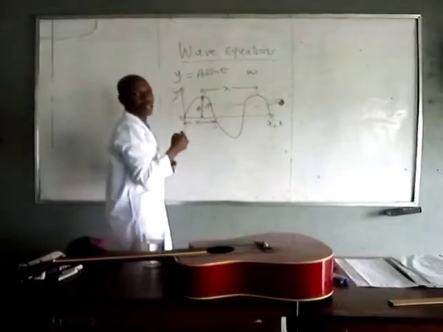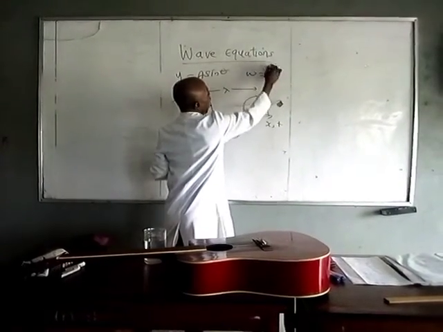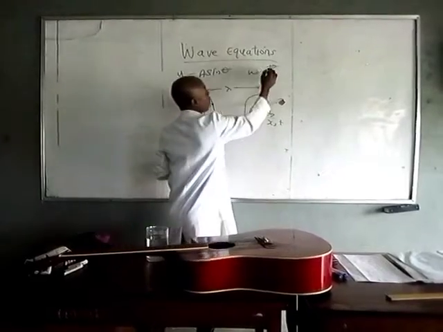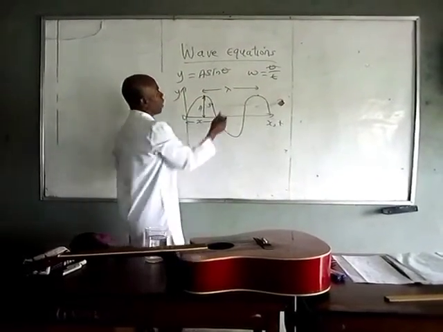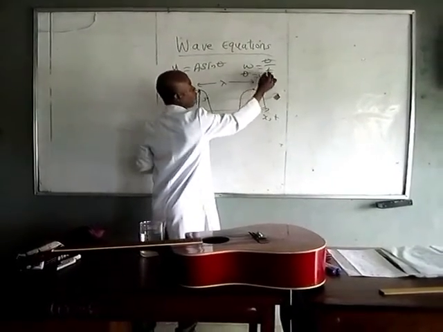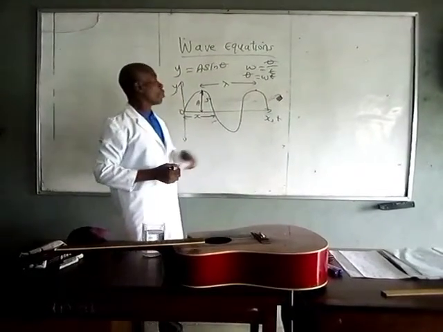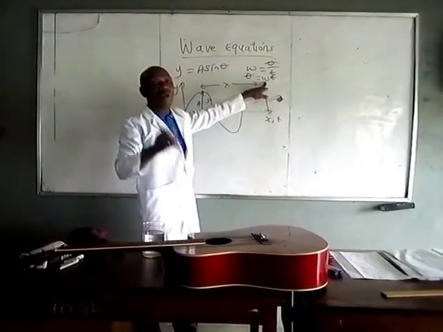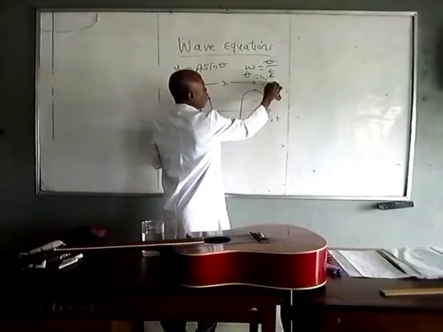angular frequency, which is equal to the angle moved through in a given time. This means that theta here is equal to omega t. And of course, omega, the angular frequency, is equal to 2 pi f.